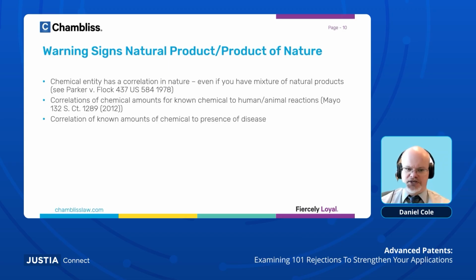If all you're doing is correlating known amounts of a chemical in the human body, and saying the presence of this amount of chemical means this disease is present, and that's all you're doing, you're going to run into a product of nature or law of nature problem. Okay? So these are the kind of things to be on the lookout for. If somebody comes to you with one of these, this is going to be an issue I'm going to have to look at, and then be prepared to do so.